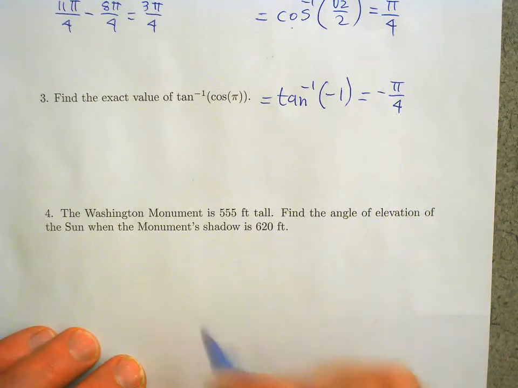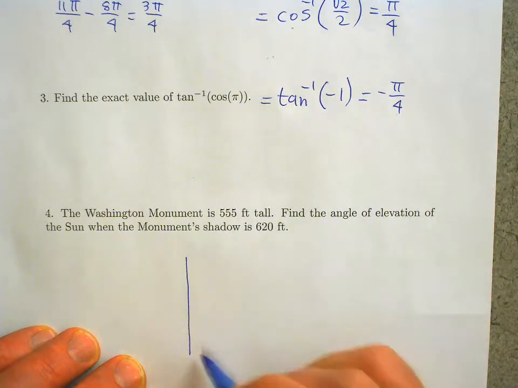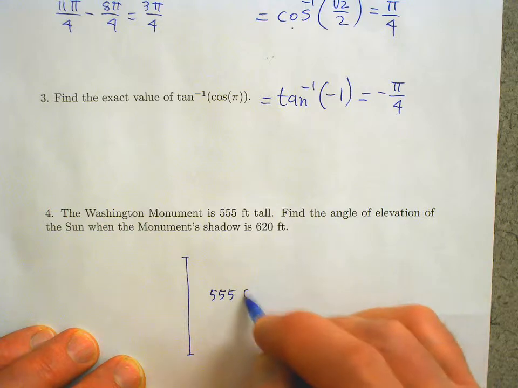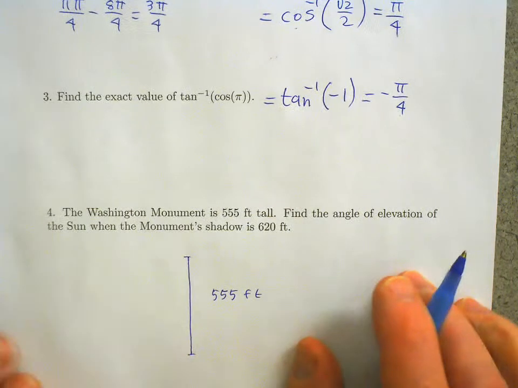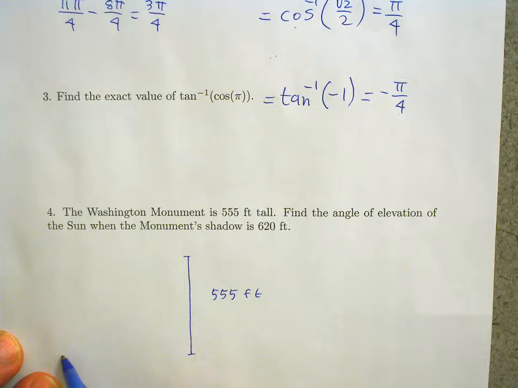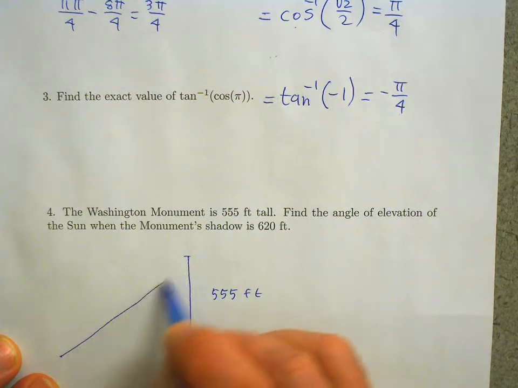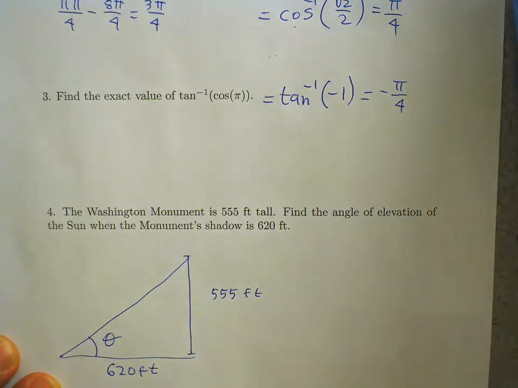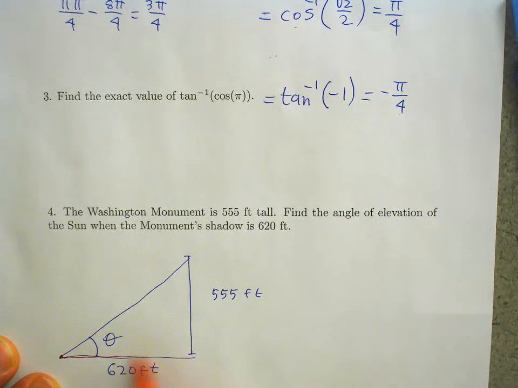Well, if the Washington Monument is 555 feet tall, and the angle of elevation from a shadow is what we want to find. So if the shadow is 620 feet, the angle of elevation is formed by the horizontal and the slanted line from the point to the top.